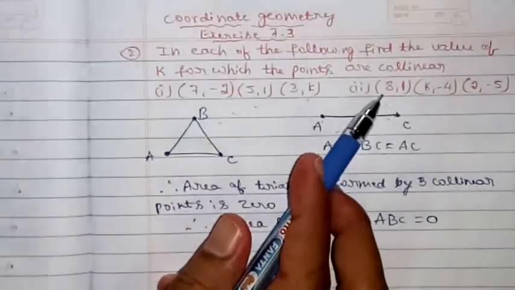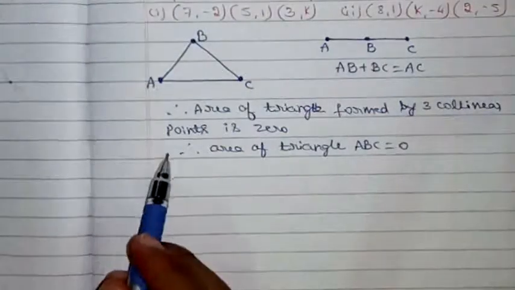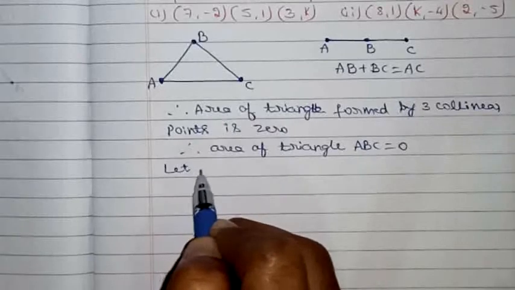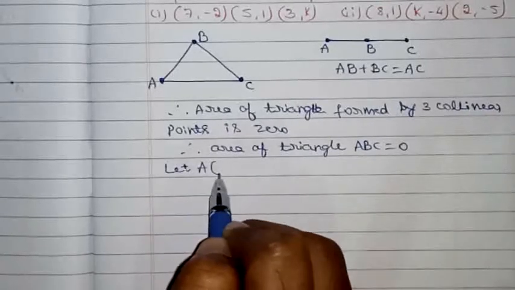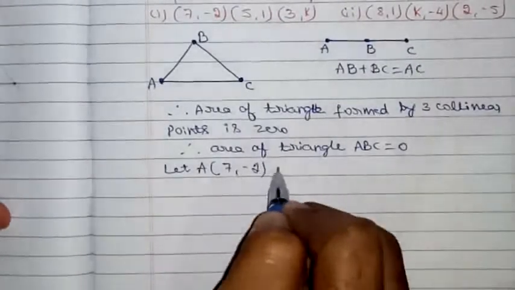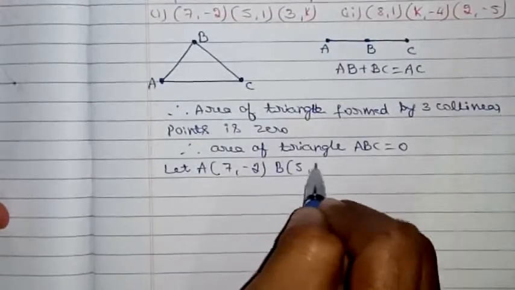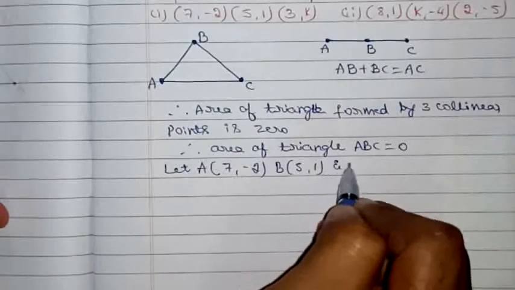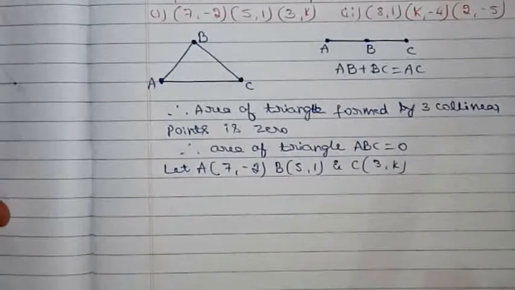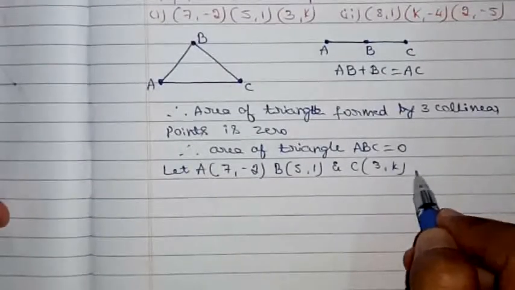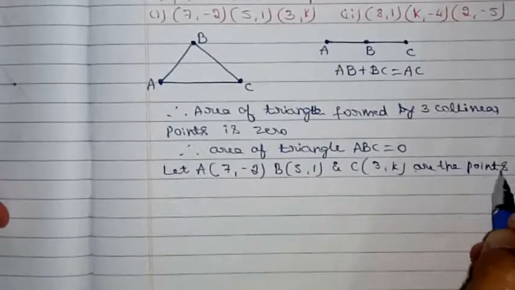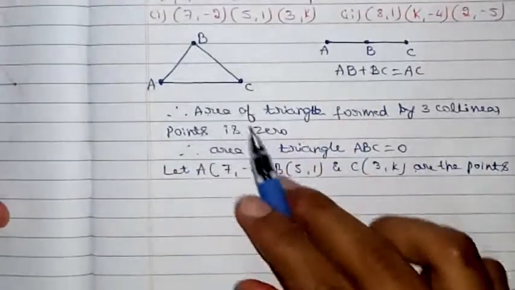Afterwards we will find the value of k for the second one. Now let me write: let A of 7 comma minus 2, B of 5 comma 1, and C of 3 comma k be the coordinate points of the triangle ABC.